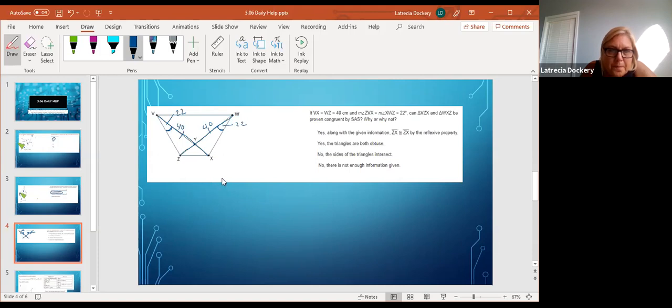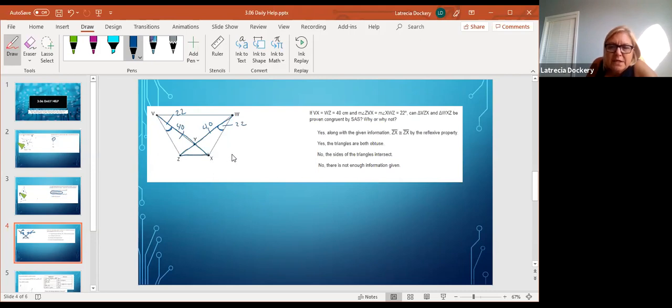No. Although the endpoints would make them congruent, the only thing that we can say is congruent is this line here, because they share this line down here.